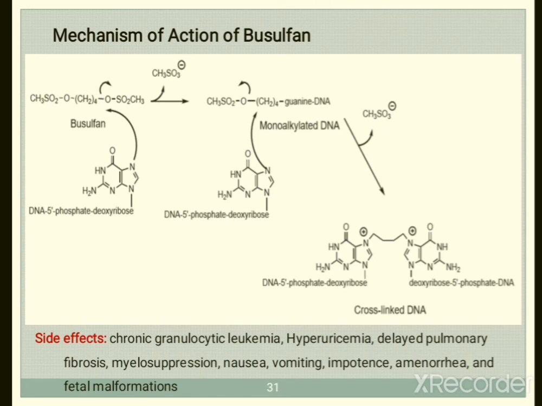Initially a complex with guanine of the DNA is formed. Then another base comes, another CH3SO3 is removed, and you get the cross-linked DNA structure. This is the mechanism of action of Busulfan.